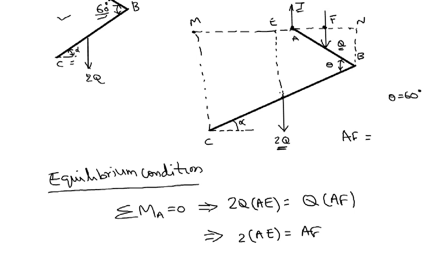If you draw a horizontal line at point B, we'll see that this angle must also be equal to alpha. If this angle is equal to alpha, this big angle here must be equal to 60 minus alpha, that is theta minus alpha. If this angle is theta minus alpha, this should also be theta minus alpha.